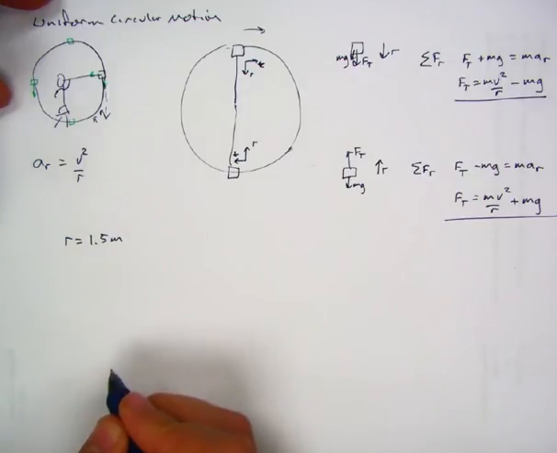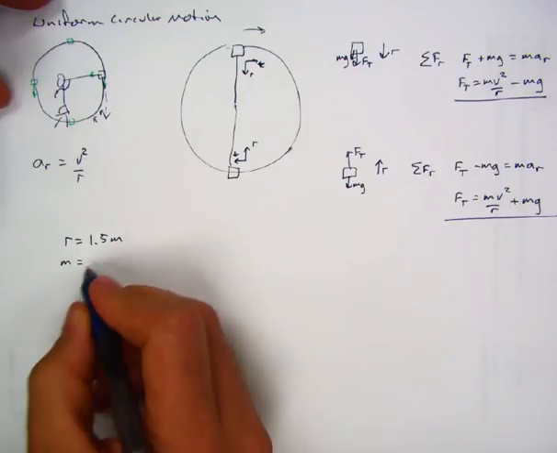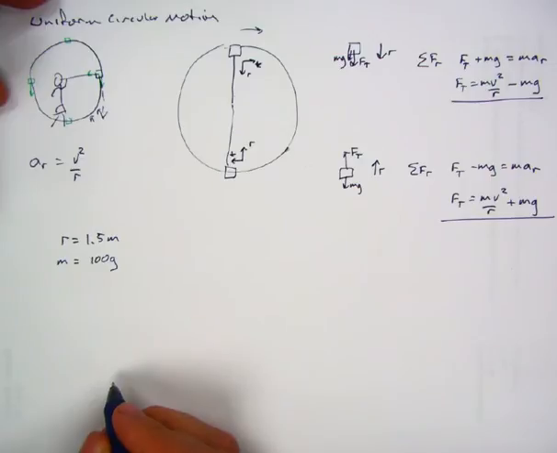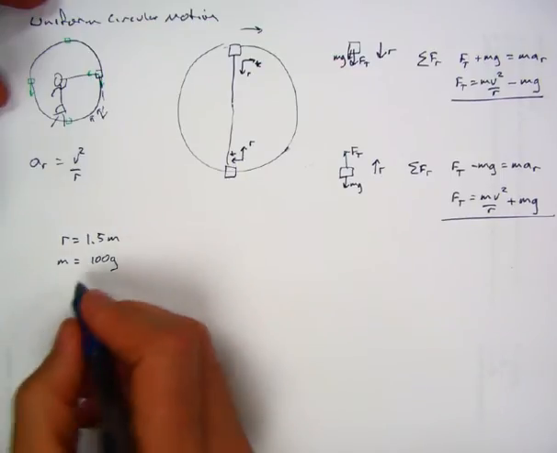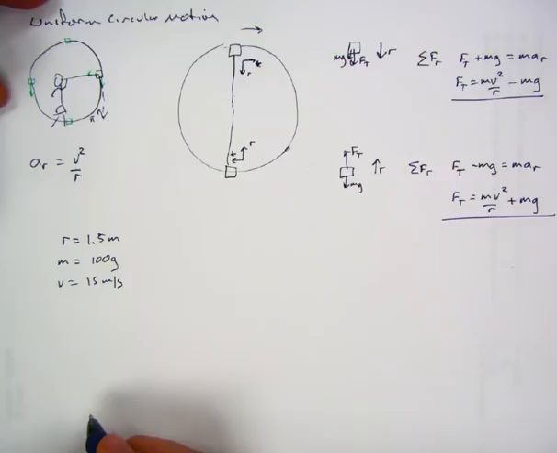on this string. What's a typical mass you'd want to swing around? Maybe 100 grams. And then, I don't know how fast you can swing. You could probably go around at a velocity of 15 meters per second. Notice that these are all just made up numbers for a typical situation.